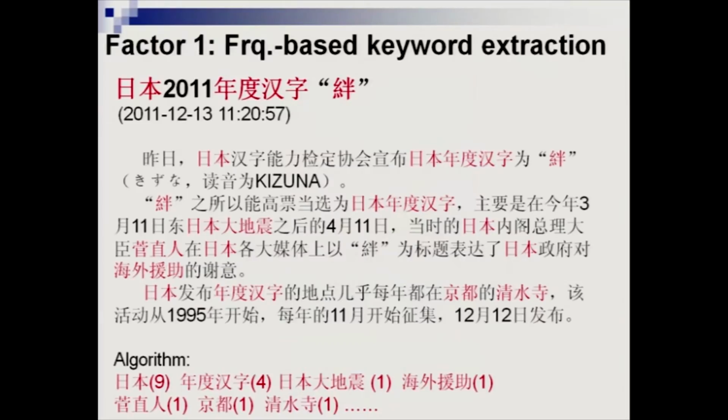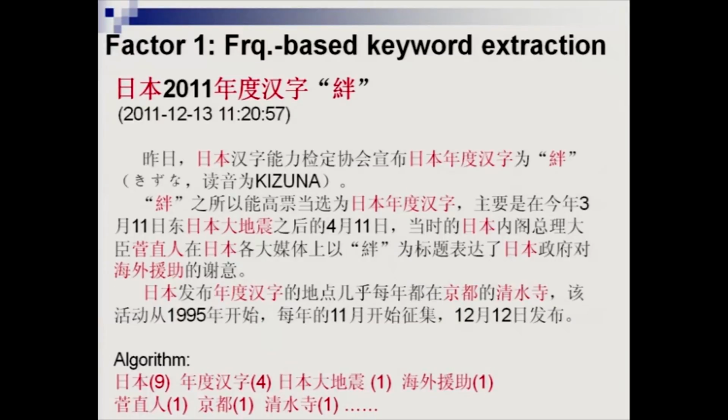So the two technical factors we need to consider: first, keyword extraction based on the text itself. For example, given the example article I just mentioned, the computer can calculate the frequency of some candidate words.